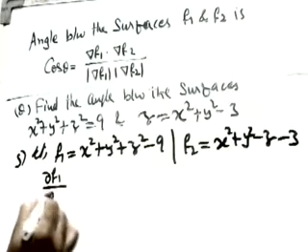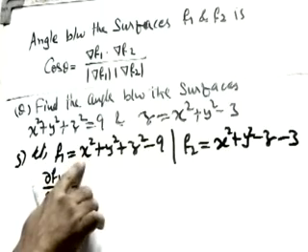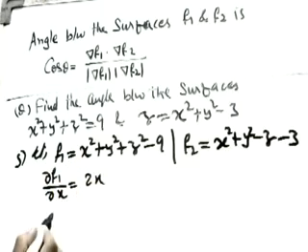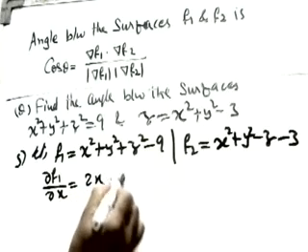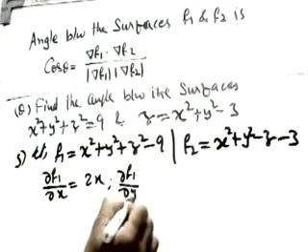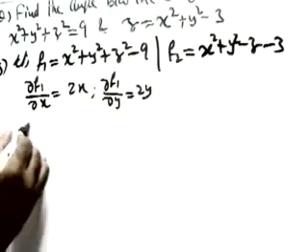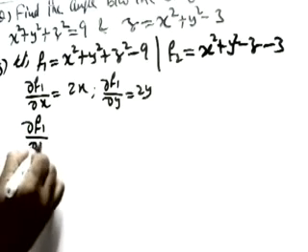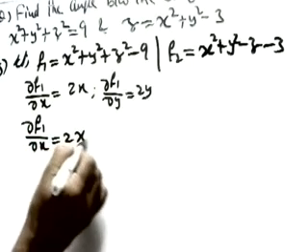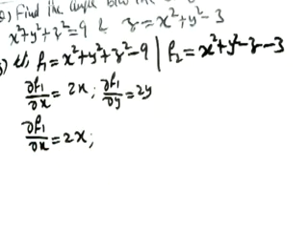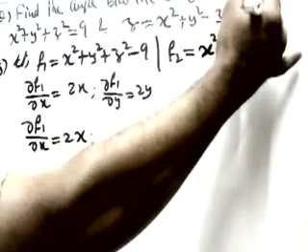Now let us find the three partial differentiations with respect to x, y, z. The derivative of x square is 2x. Now partial differentiation with respect to y, dou f1 by dou y. Y square gives 2y. In the same way, dou f1 by dou z will be 2z.